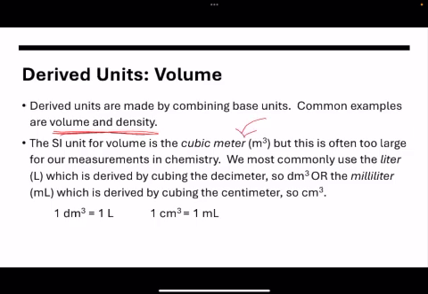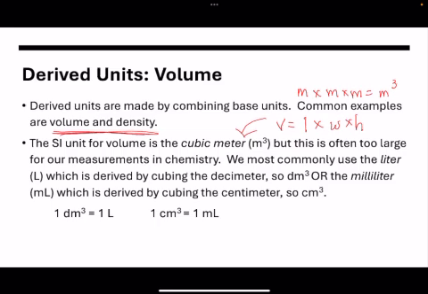And this should make sense to you because if you remember from high school or elementary school, volume of a solid object equals length times width times height. Well, length can be measured in meters, width can be measured in meters, and height can be measured in meters. So meter times meter times meter equals cubic meter. So that's where that unit comes from.